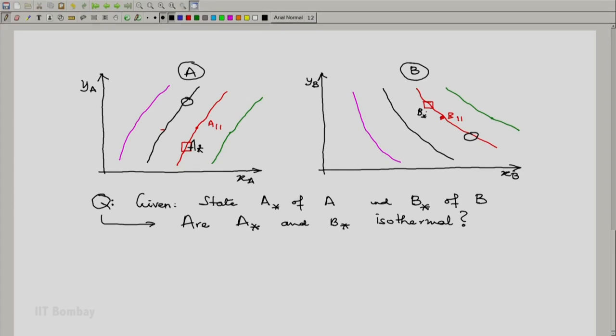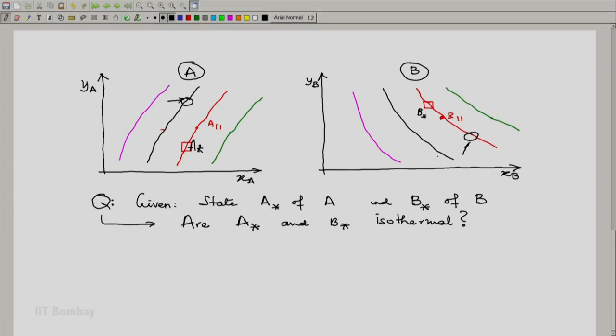However, if the two systems do not lie on corresponding isotherms, for example here we have one candidate state of system A on the black isotherm, but the other system we are checking is on the red isotherm of B, then they are not on corresponding isotherms, and hence the two are not isothermal.